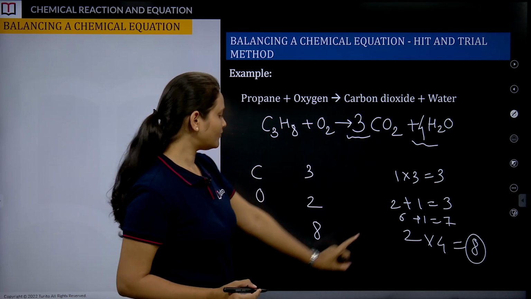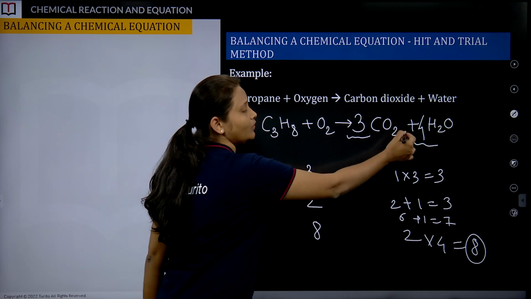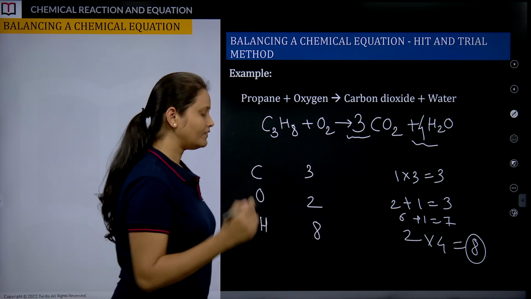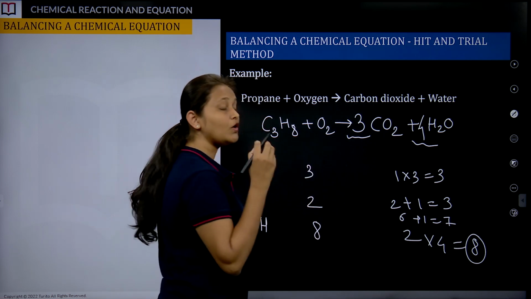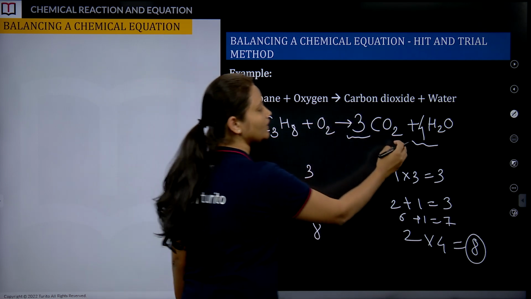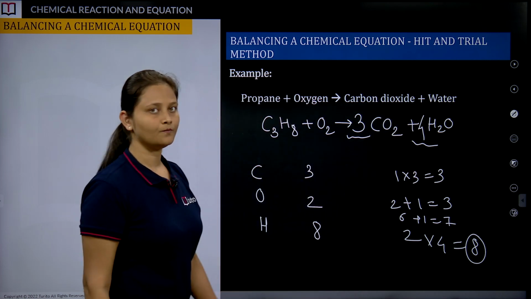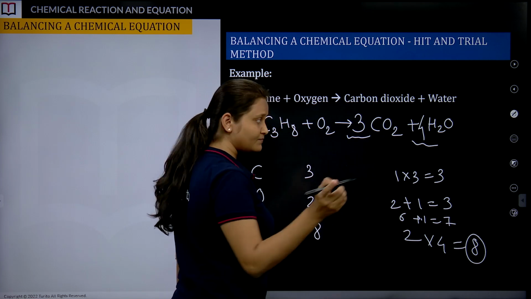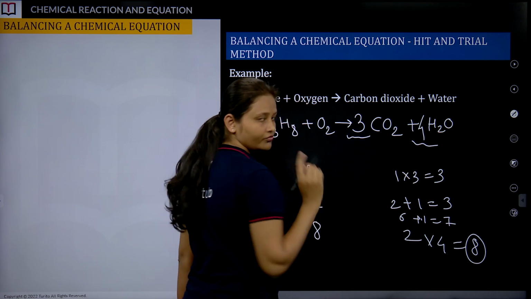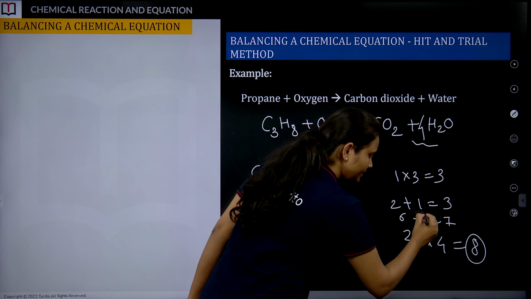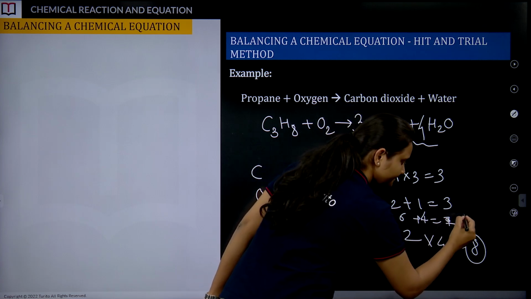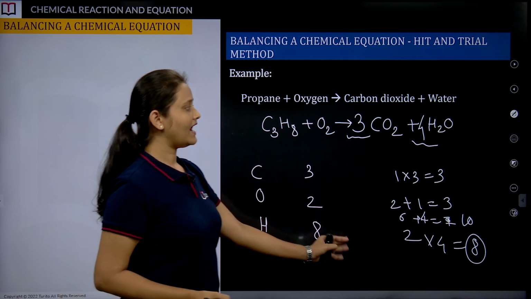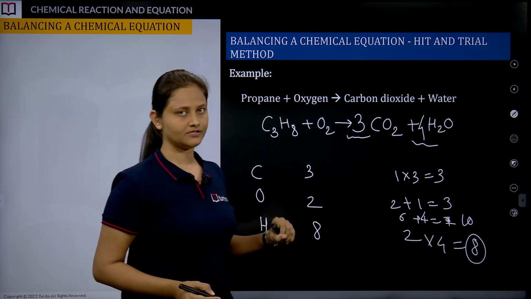I added 4 because I figured out that if I add 4 here, I will get 8 hydrogen atoms. Now there is a change in the number of oxygen atoms because this 4 is applicable for oxygen also. Earlier it was 1, now you have added 4, so we have 4 oxygen atoms. That's how it becomes 6 plus 4, which is 10. So on the product side, we have 10 oxygen atoms.